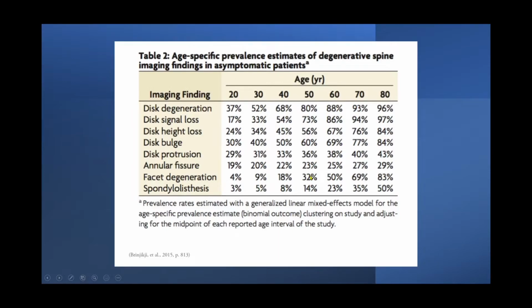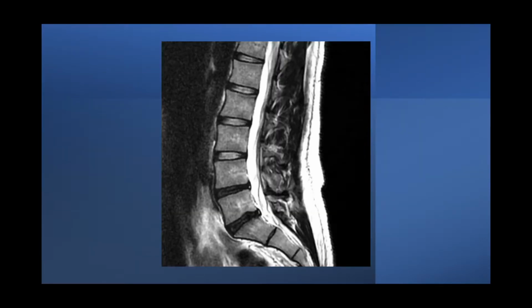There are going to be some people who have these changes and are symptomatic, and there are going to be some people who have these changes and they're going to be asymptomatic. All right.